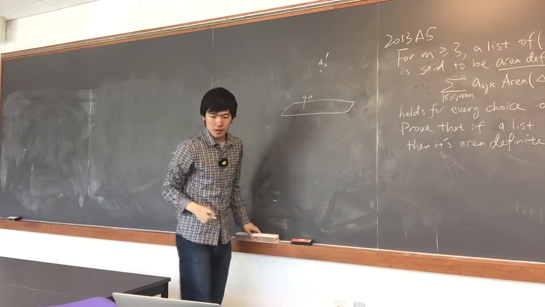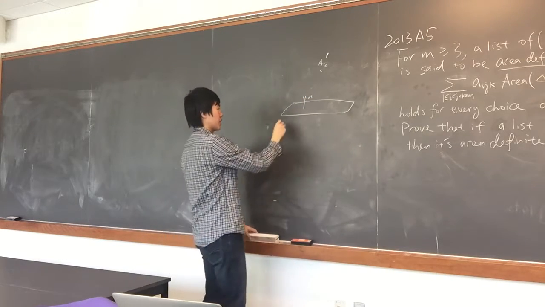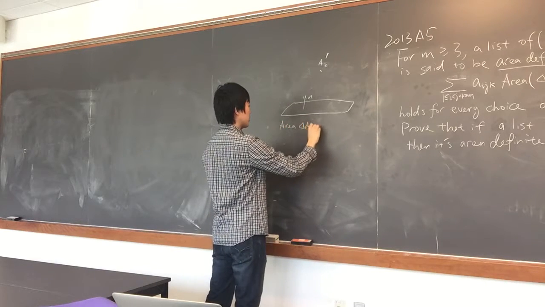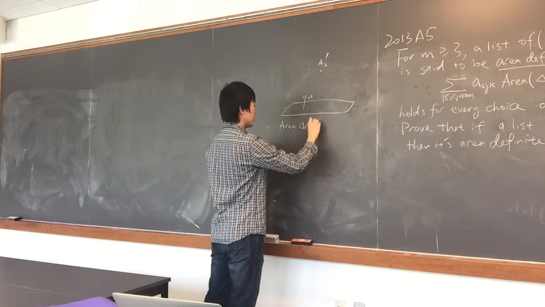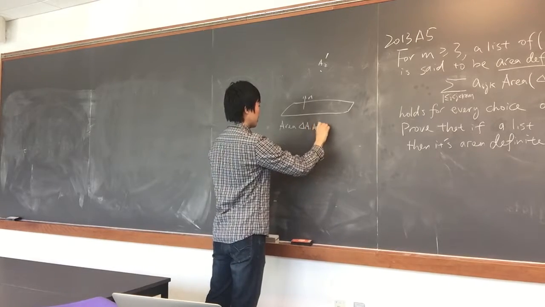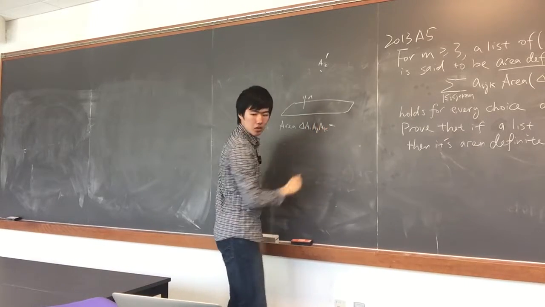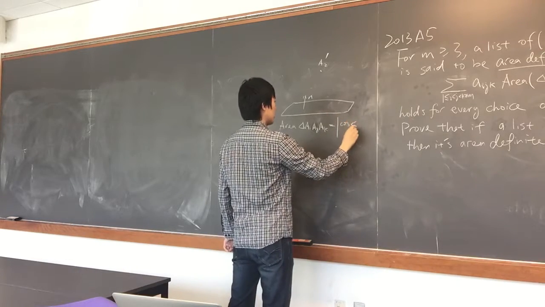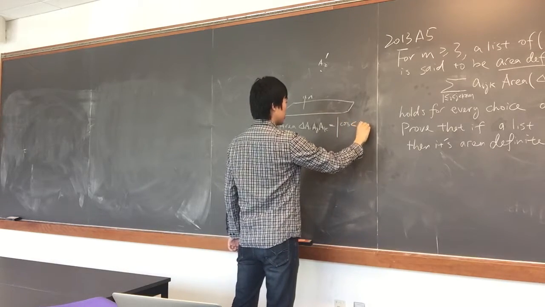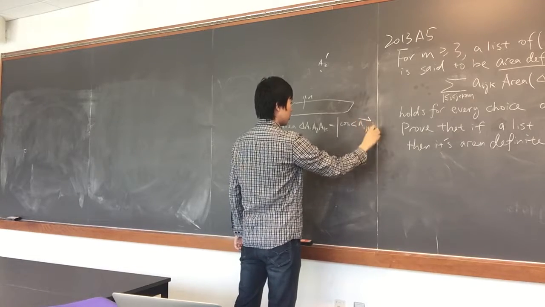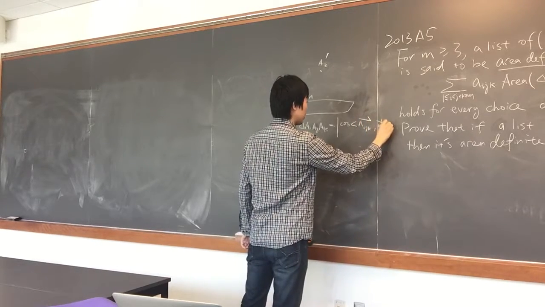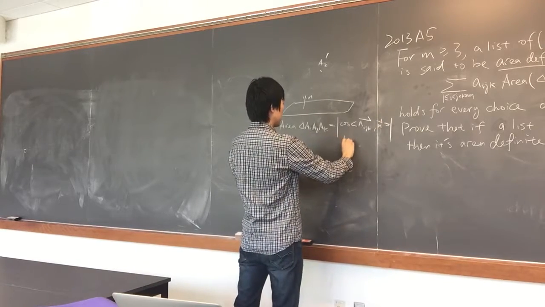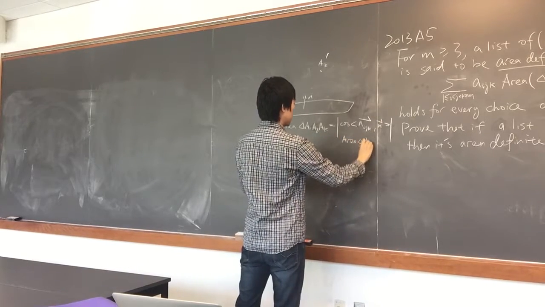What I wrote earlier can also be written as: the area of the projected triangle a_i a_j a_k equals cosine of the angle with the normal n_ijk, times the area of a_ijk.